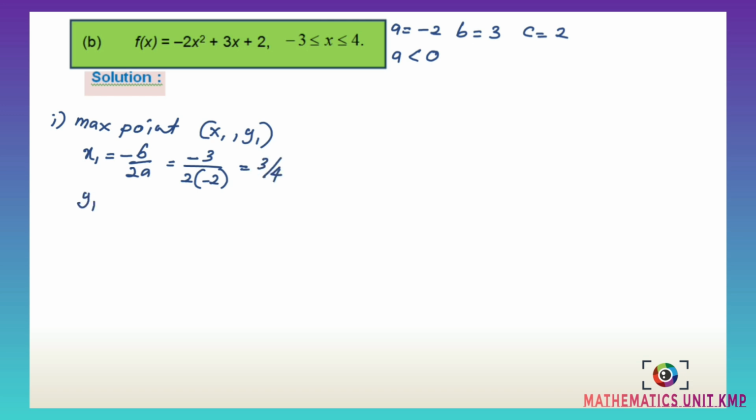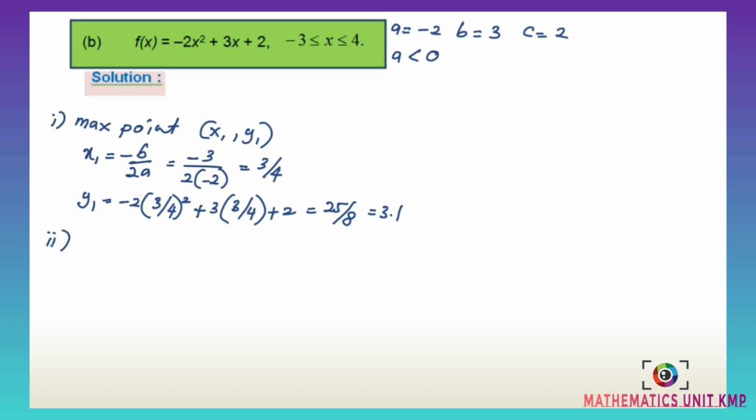And y1: substitute the value of x1 into the function. Negative 2 times 3 over 4 squared plus 3 times 3 over 4 plus 2 equals 25 over 8, or 3.1.